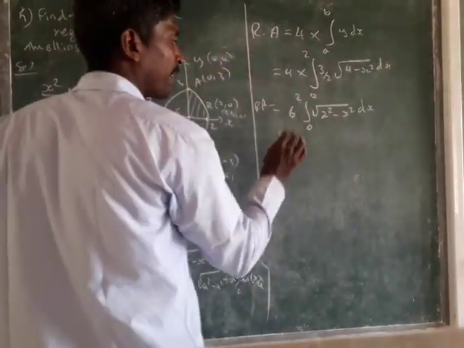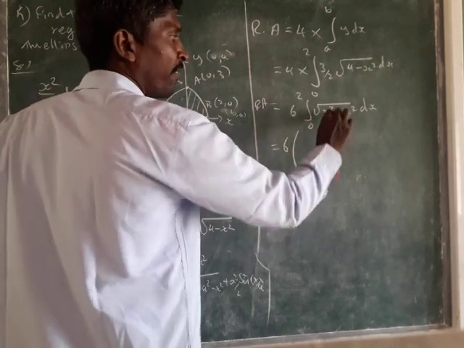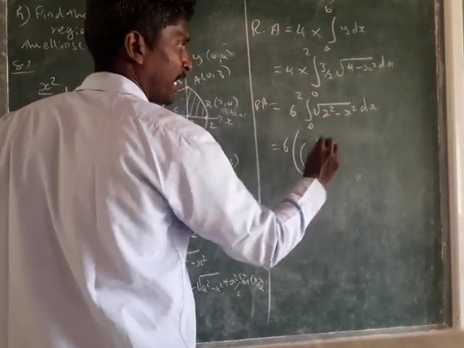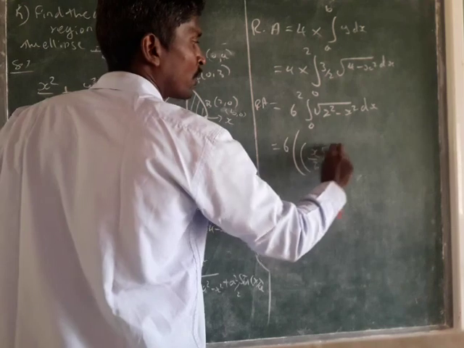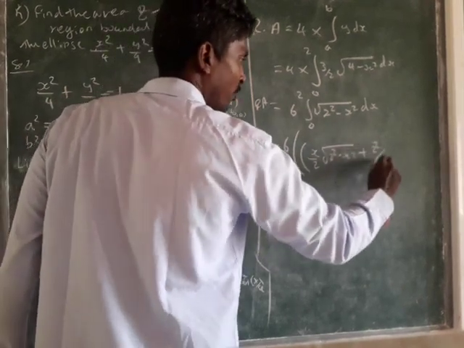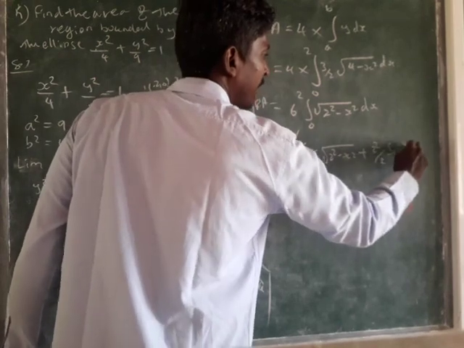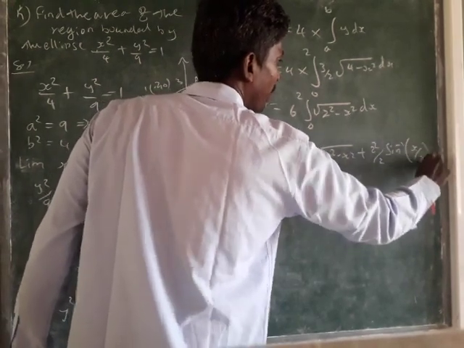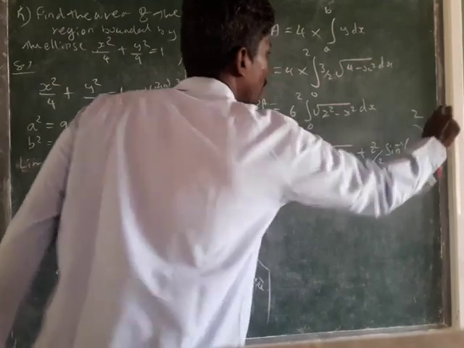Integrating, with coefficient 6, we get x by 2 square root of a squared minus x squared plus a squared by 2 sine inverse of x by a, with a equal to 2 and the limit 0 to 2.